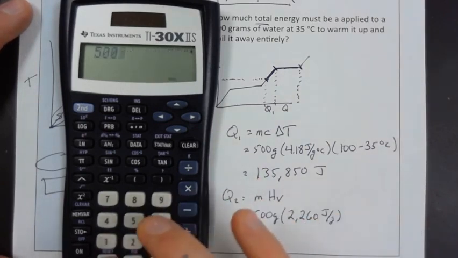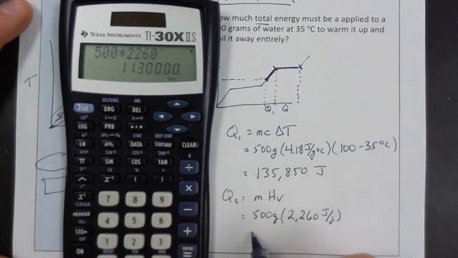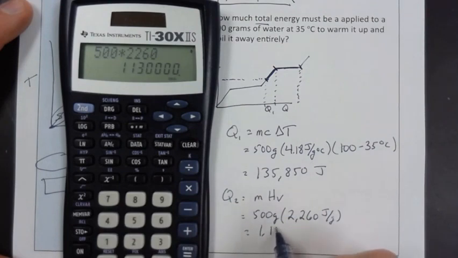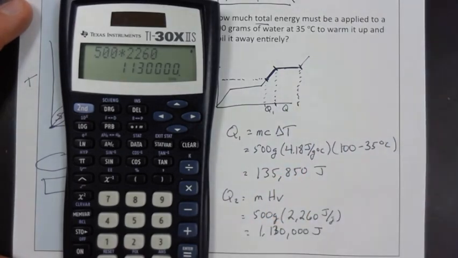So now we'll do 500 times 2,260, and we get another large value of 1,130,000 joules. Now again, that's just to go from here to here, Q2.